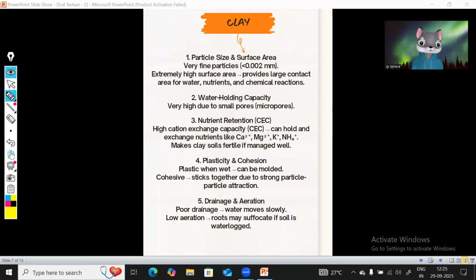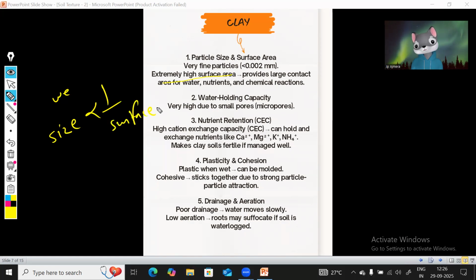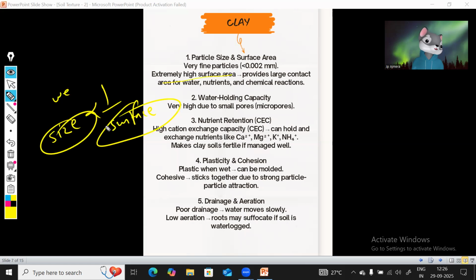Very fine particle, the smallest size among the three, with extremely high surface area. We know about it also because there was a concept that size is inversely proportional to surface area, direct opposite, simple as that.